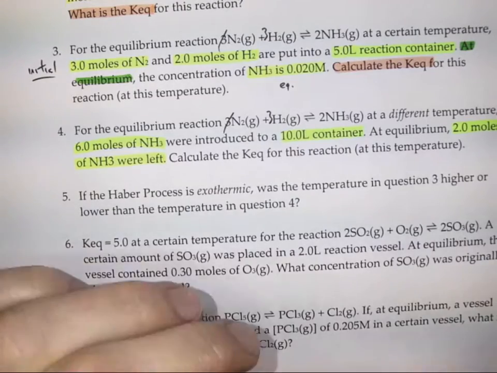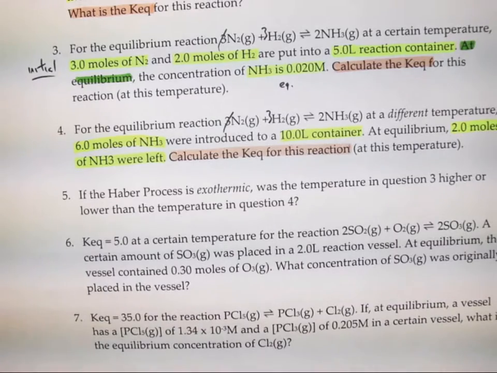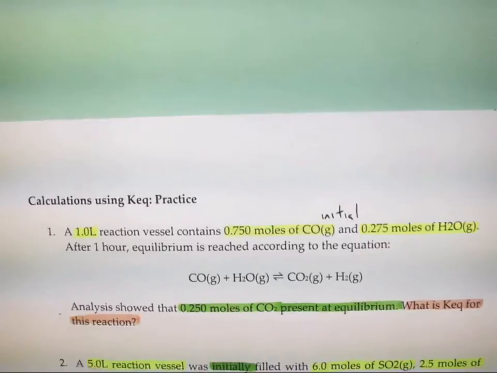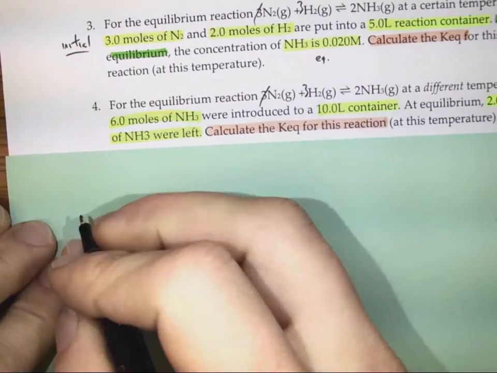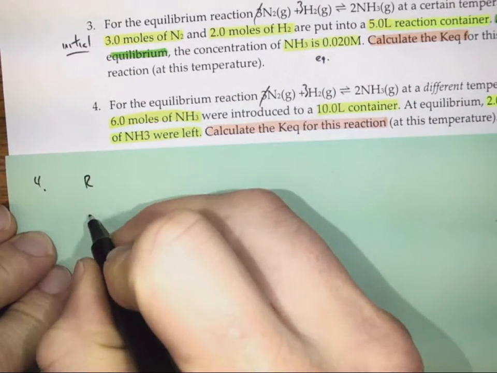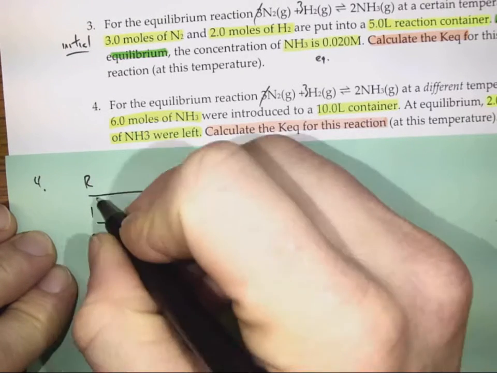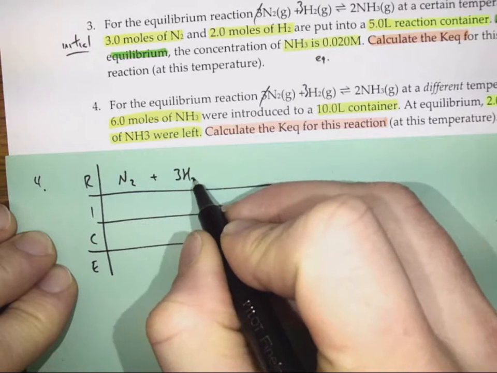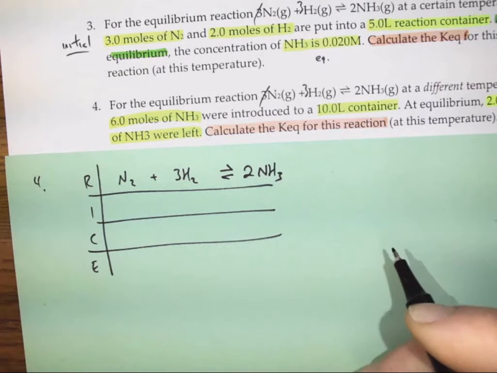All right. This is going to be similar. So for question 4, again, we're going to start with a RICE table, RICE box. And we've got a nitrogen and 3 hydrogen gases living in equilibrium with ammonia gas molecules.